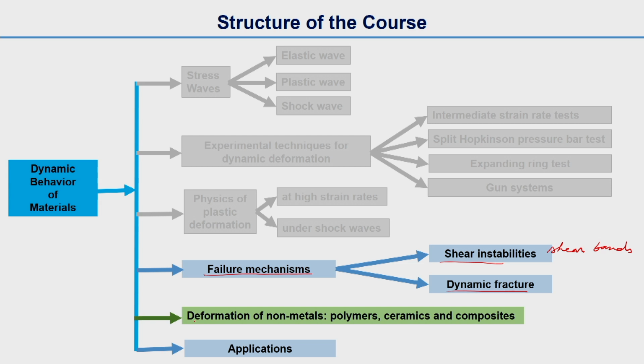Then deformation of non-metals is different from metals, as everyone probably knows. Then polymers, ceramics and composites, we will discuss a little bit of that, and then details of applications. We will probably have 1 or 2 classes on applications. Already we discussed some part of it.